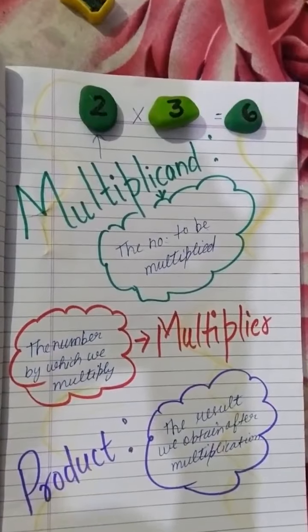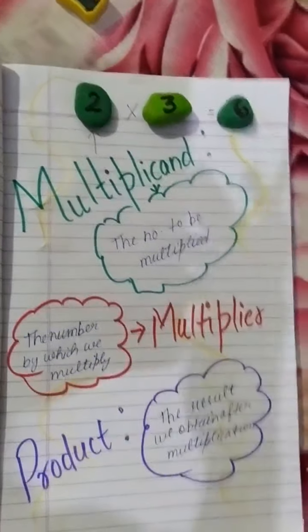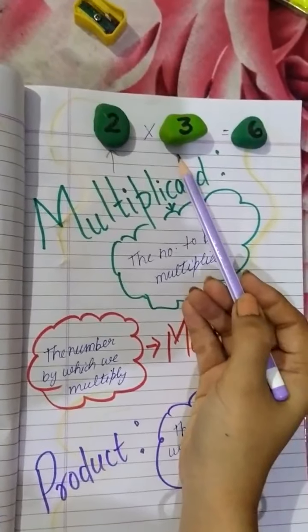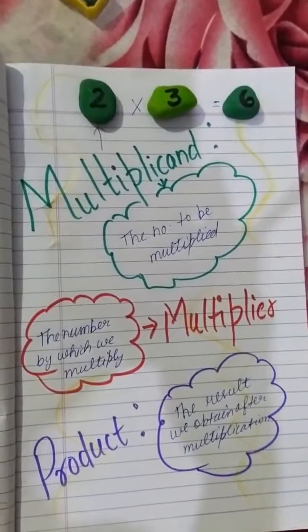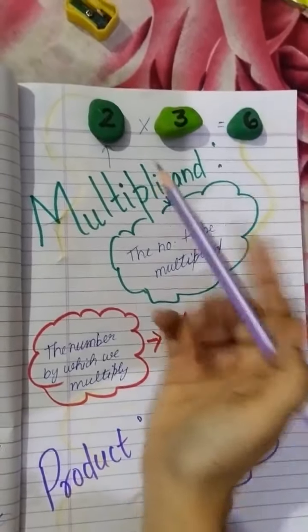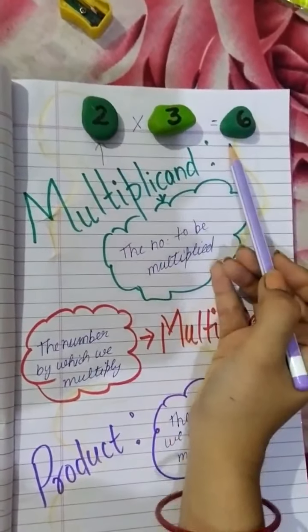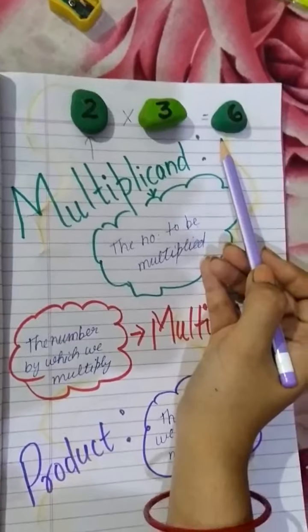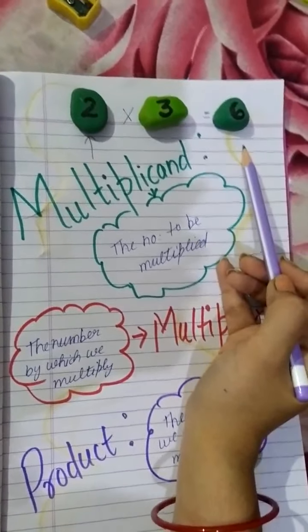So what is multiplier? Multiplier is the number by which we multiply. So in this, 3 is called the multiplier. Next is product. The result we obtain after multiplication is called product. Here 2 multiply 3 equals 6. 6 is called the product, the result we obtain after multiplication.